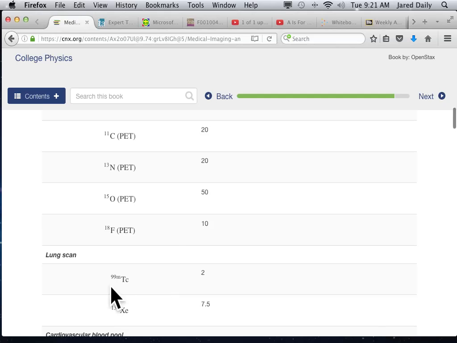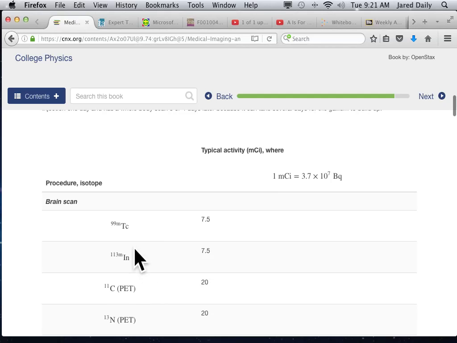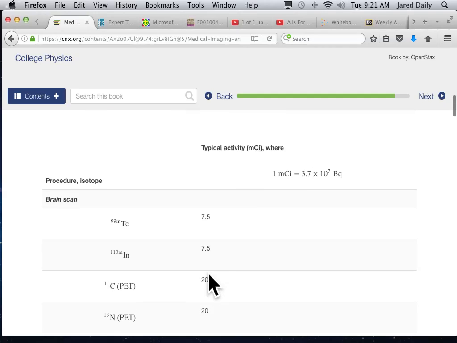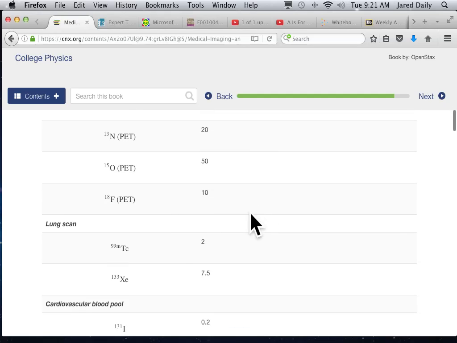For lung scans, they're using technetium, just like up here, except in this one they're using one that has an activity of only 2. How do you have one with an activity of only 2 versus one with an activity of 7.5? Well, the one with 7.5 is newer. This one's been sitting around a while, so its activity has decreased.